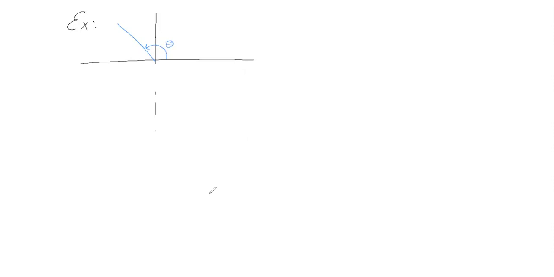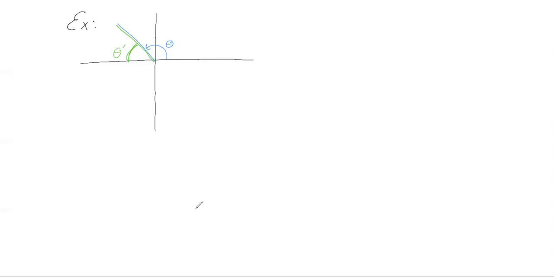The reference angle has the same terminal side as your regular angle theta, but it's the acute angle made from that terminal side and the x-axis right there. And we call that angle theta prime.